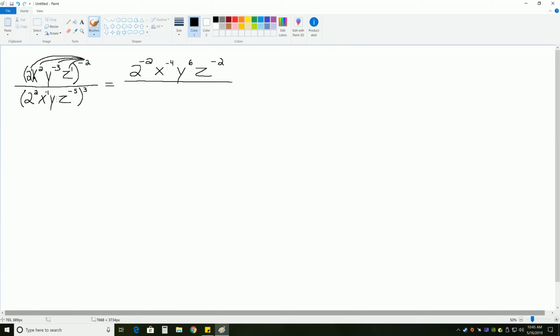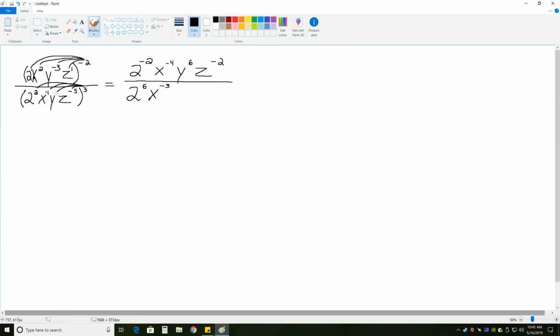this denominator, which is going to be the exact same process. We will distribute the 3 to each of these exponents. So we get 2 to the 2 times 3 is 2 to the 6th power. And then x to the negative 1 times 3 is x to the negative third.